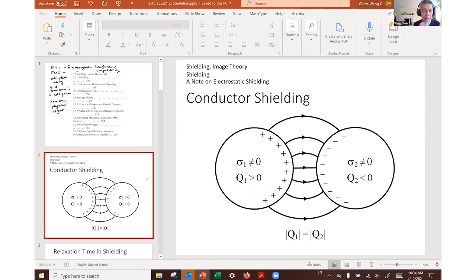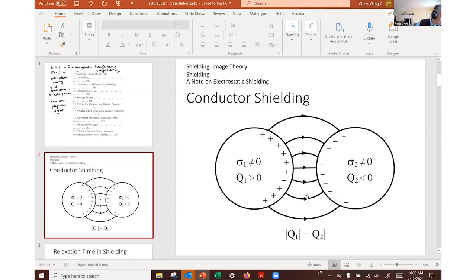Let's take the example of 2 conductors. If you have 2 conductors placed somewhat like this, and the conductors are oppositely charged, so they are positively charged on this side, whereas this other conductor is negatively charged on this side, then the picture of the electric field will look something like this around this conductor.